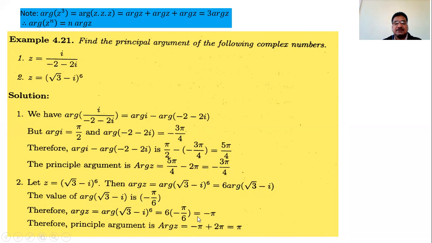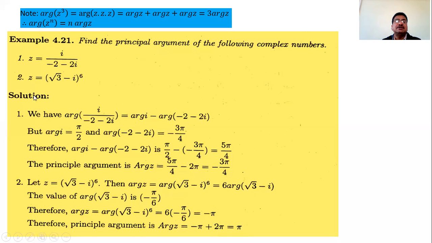So the argument of this number is 6 into minus pi by 6, which is minus pi. Actually it is plus pi, because minus pi is not in the range: the principal argument is strictly greater than minus 180. So minus pi means pi. So this is the method.